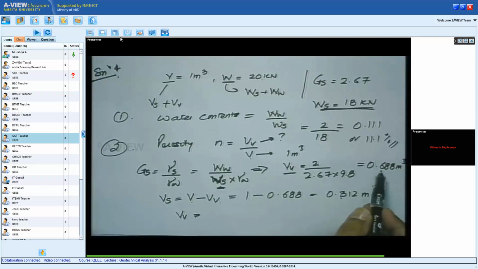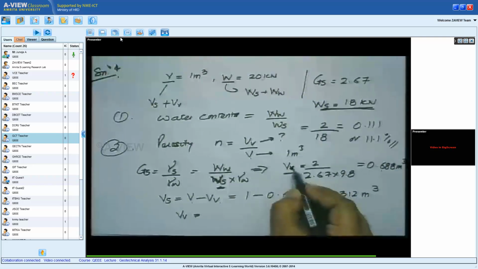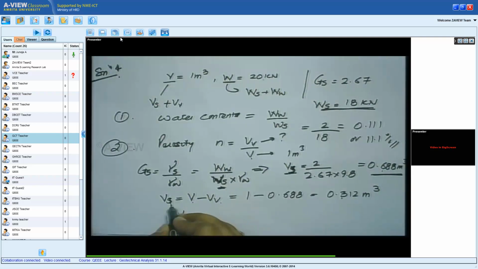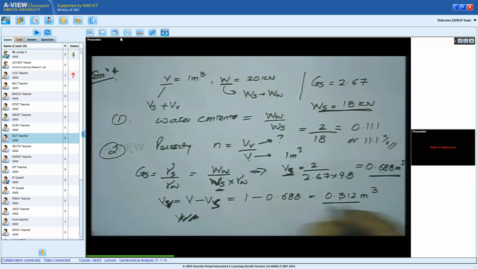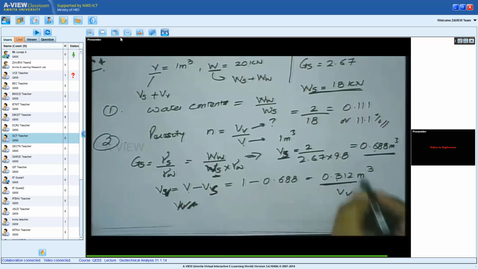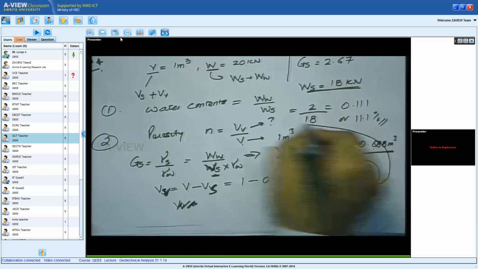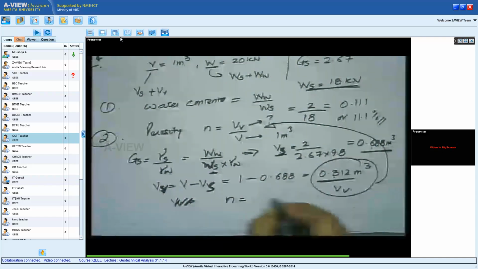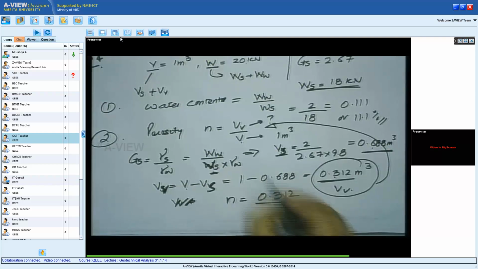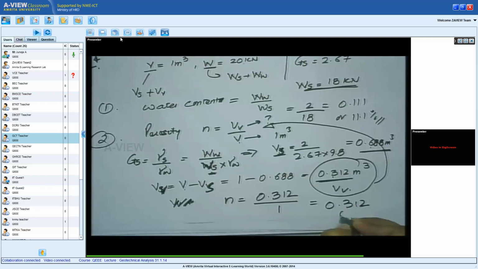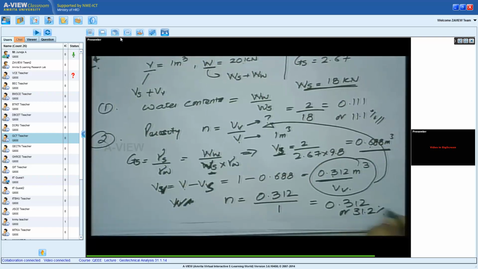This gave me a volume of solids over here, and that's volume of voids for us. I was mixing up these two. So I plug this volume of voids back in this expression. Our porosity equals 0.312 divided by total volume, which is 1. That gives me 0.312 or 31.2%.